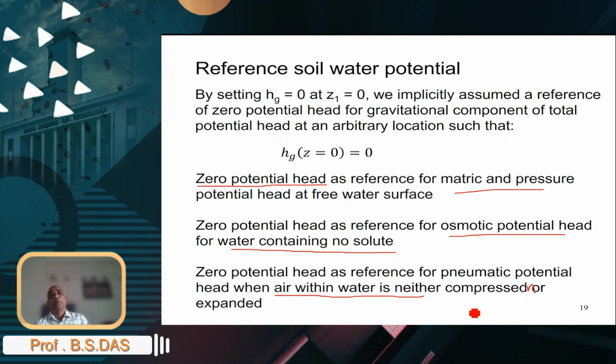So basically, when you have a ponded water condition, an excess water condition, you will have a positive pressure potential head. Otherwise, it's a negative matric potential head when soil is not saturated.